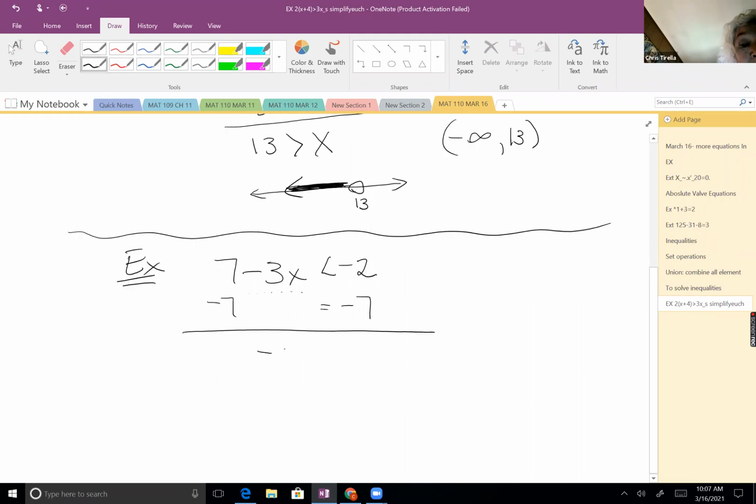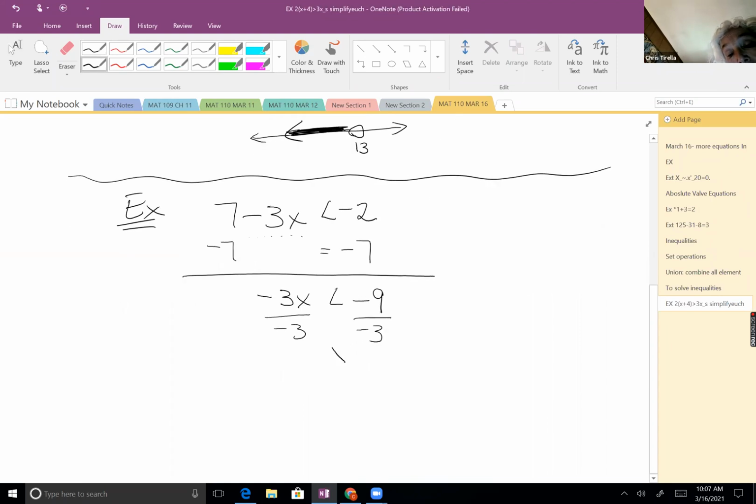That gives me negative 3x is less than negative 9. Now this is where we have to be careful. We have that negative coefficient. So when we divide by that negative 3, because we're dividing by a negative, we have to remember that we reverse our inequality. And so we get that x is greater than 3.